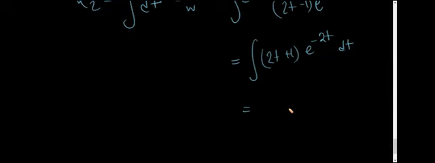It will just be e to the power minus 2t, and there will be a t plus 1 factor, and yes, there will be a minus sign. So now you are done finding u1 and u2.